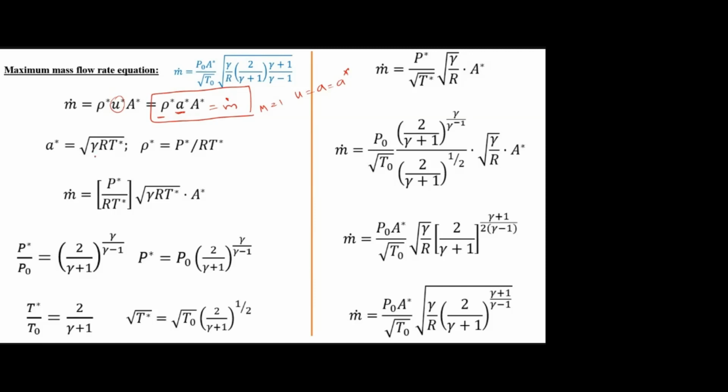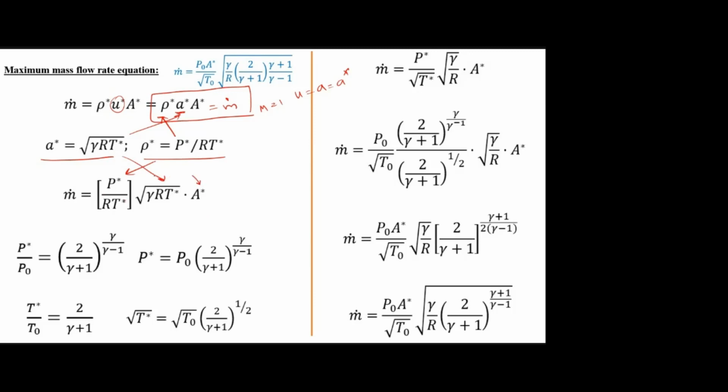Instead of this A star, I am taking root of gamma R T star, and similarly instead of rho star, I am taking P by RT. Now substitute, then you will get this: instead of rho this one, instead of A star this one, then area A star.